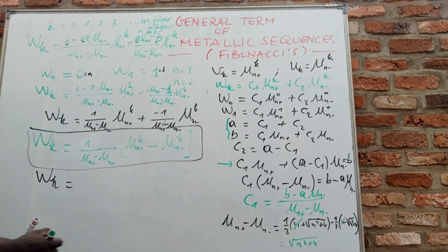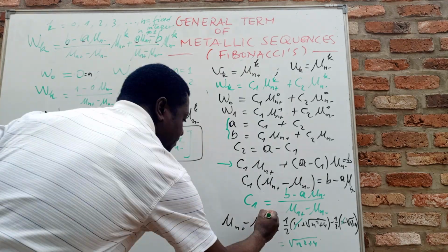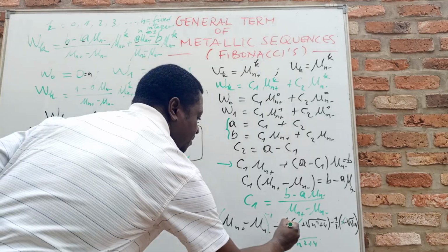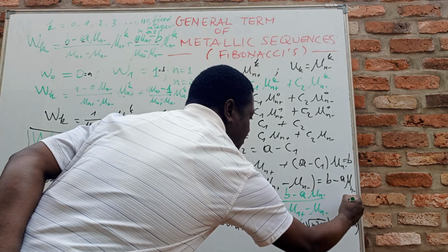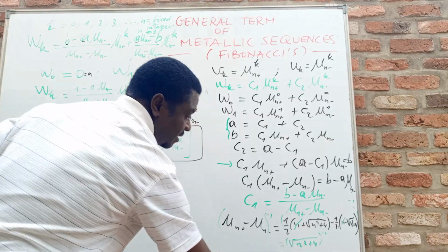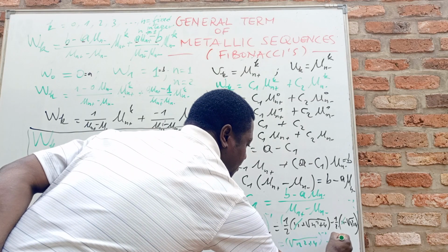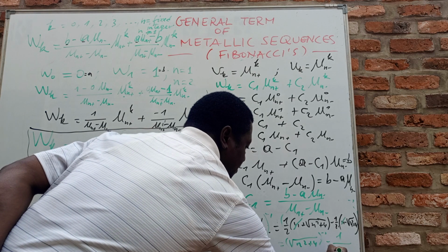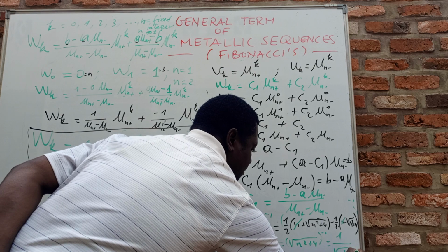Now, as it is in the denominator here, it is power negative 1 here, power negative 1 here, power negative 1 here. We can rationalize the denominator because that one is 1 over square root n square plus 4.